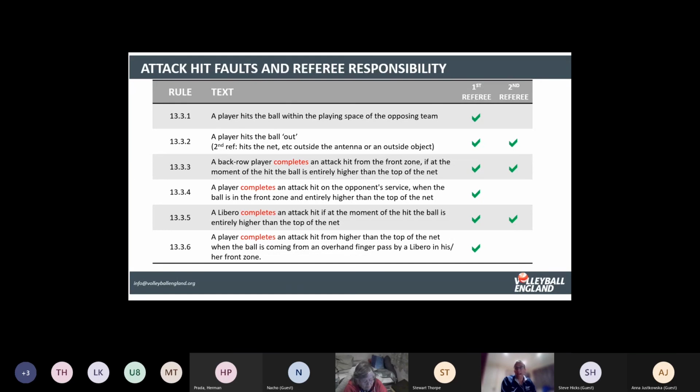So whilst you're doing that, the chances are you're not going to see the first contact, or even maybe the second contact in some situations. So the reason you don't have the responsibility to call the libero in the front zone is simply because you've got another job that is more important.